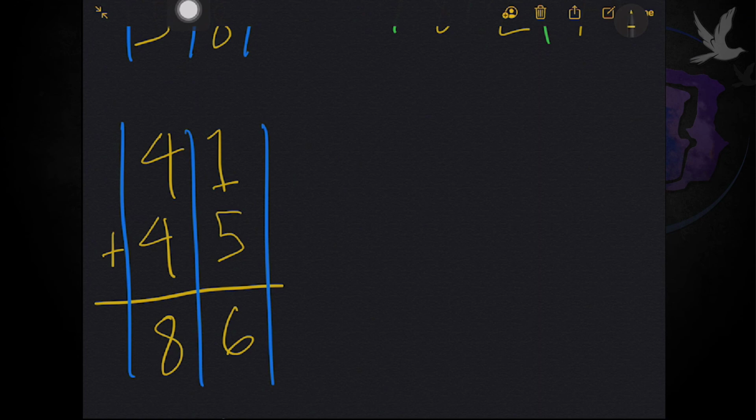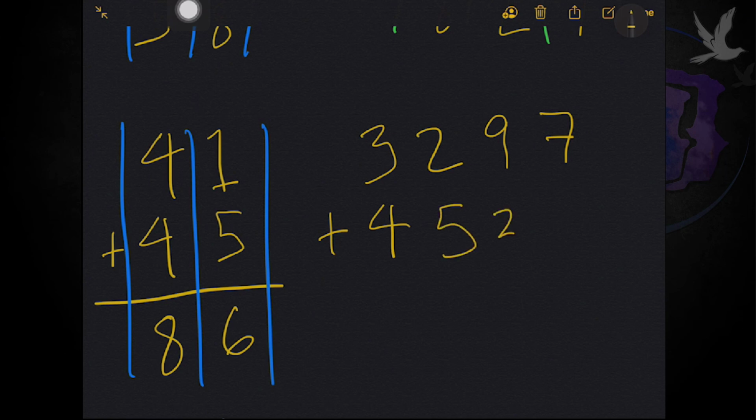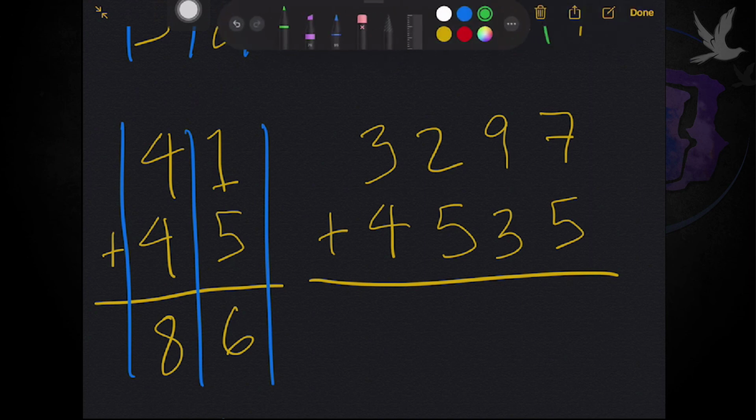Okay? So let's try to go up to thousands. We have 3,297 plus 1,535. Okay, tignan natin. Let's try to add this. Place value by place value.